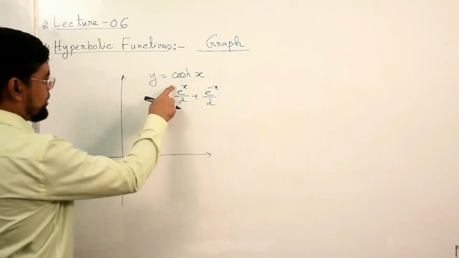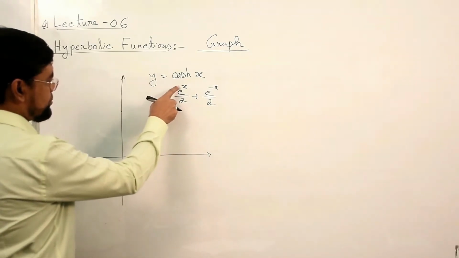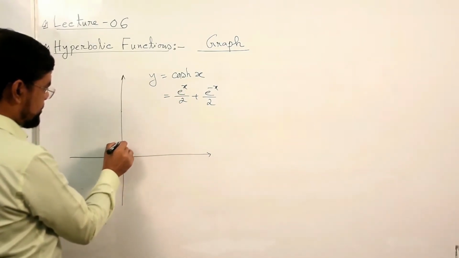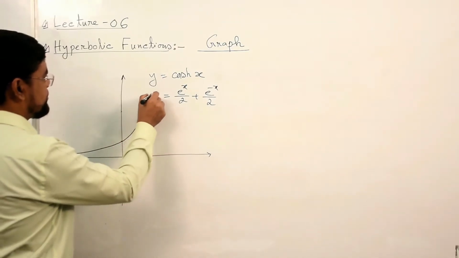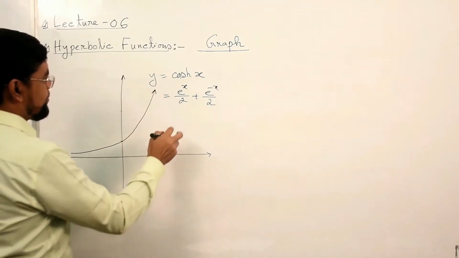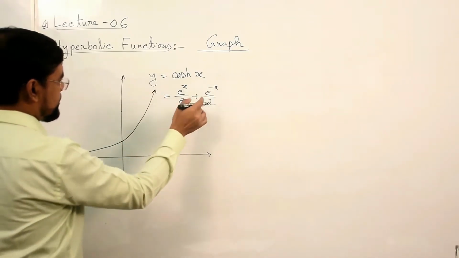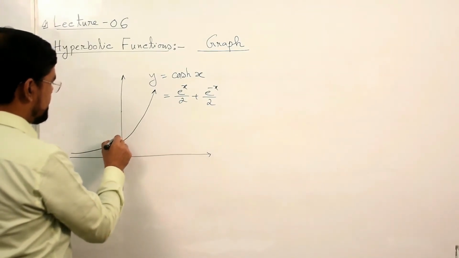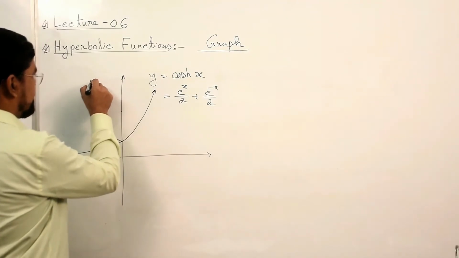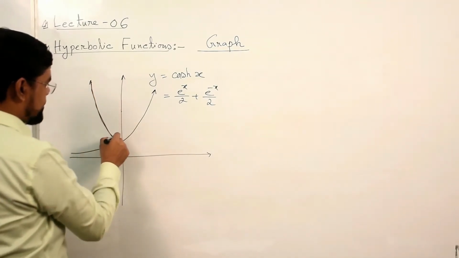We know y equals e to the power x over 2 is an increasing function like this, and y equals e to the power minus x over 2 is a decreasing function like this.